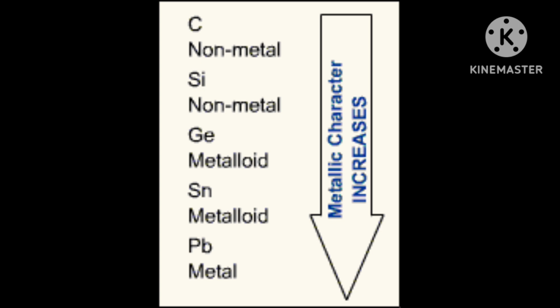A small decrease in delta H from silicon to germanium, germanium to tin, and a slight increase in delta H from tin to lead. Already I told you the values. And why is this slight increase happening?